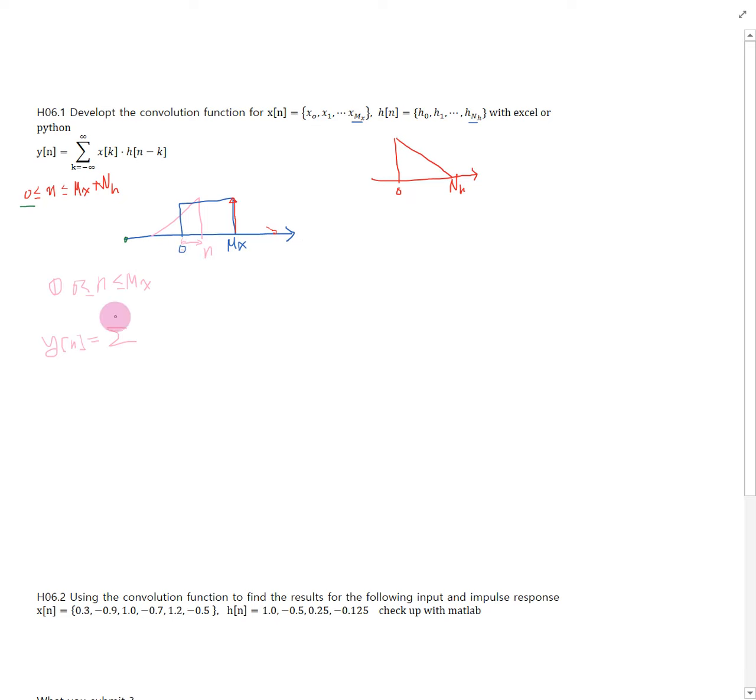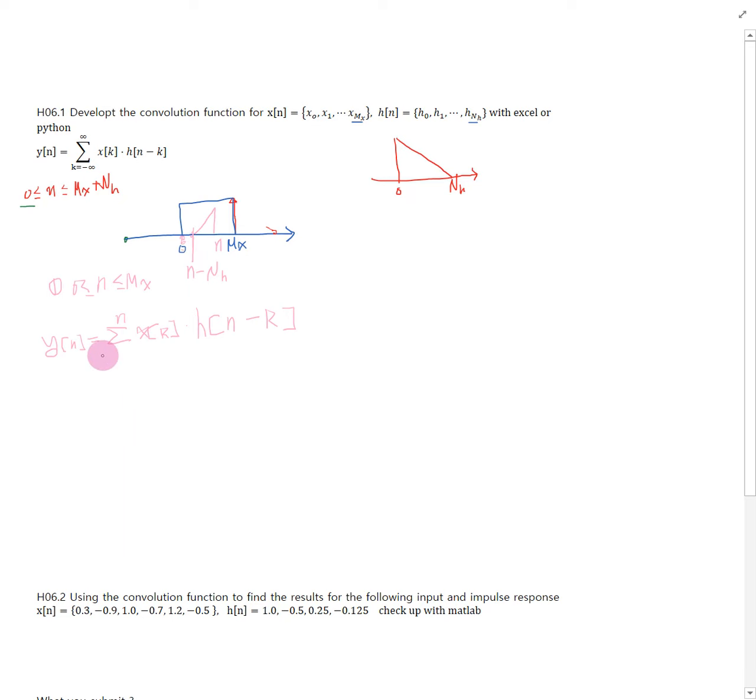The final value is n, starting is 0. That is k equals 0 to n of xk times h of n minus k. Okay, this is fine, but the issue is this one. If n is larger, this is n, this point is n minus nh, then the summation should not start from 0, it should start from here.